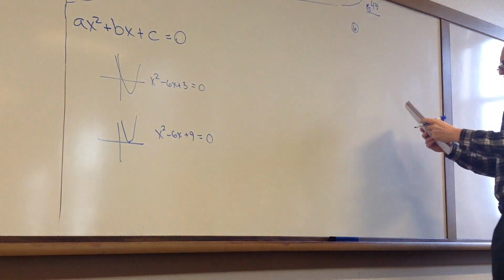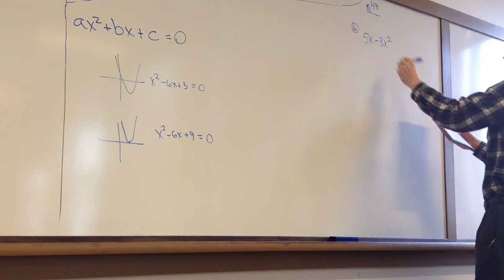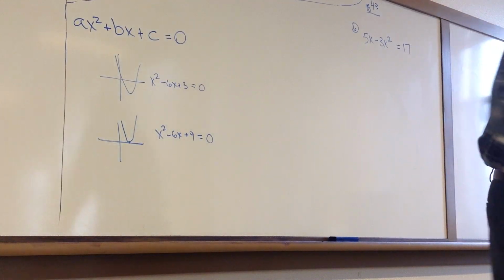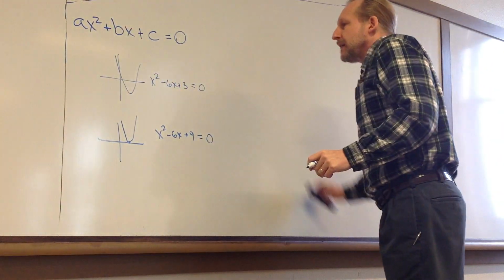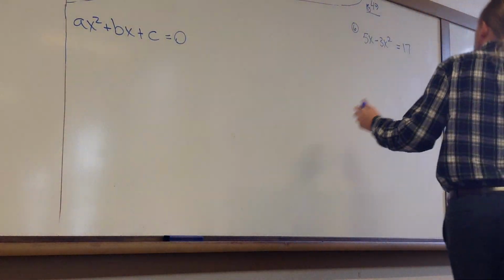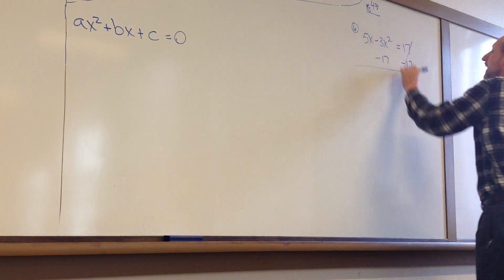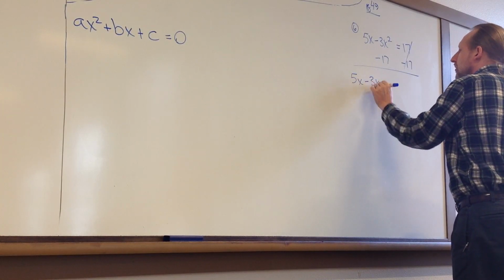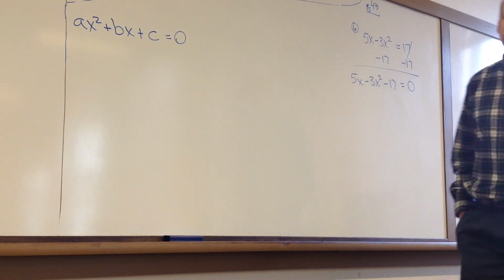It's pretty straightforward. 5x minus 3x squared equals 17. So we want to put this in standard form so we can identify the values for a, b, and c. So let's see, we can move the 17 over to the left-hand side, and let's say we're in the habit of just putting the 17 there like that without changing anything around.